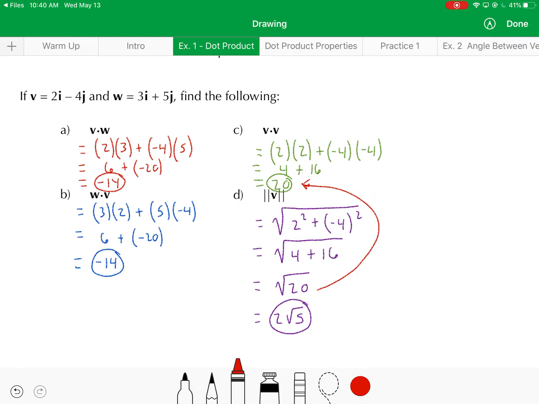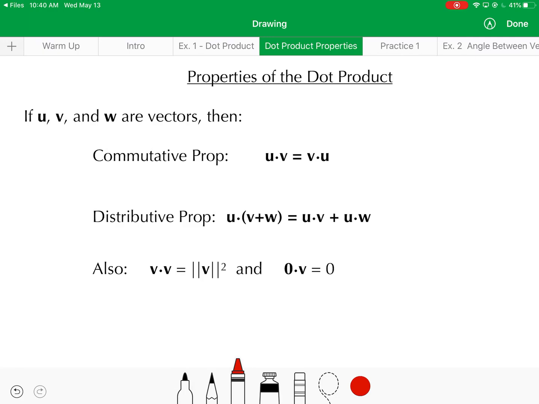Okay, so based on what we've observed here with those few examples, here are some properties associated with the dot product. Let's say we're working with vectors u, v, and w. The commutative property applies to the dot product between two vectors. The distributive property would hold.